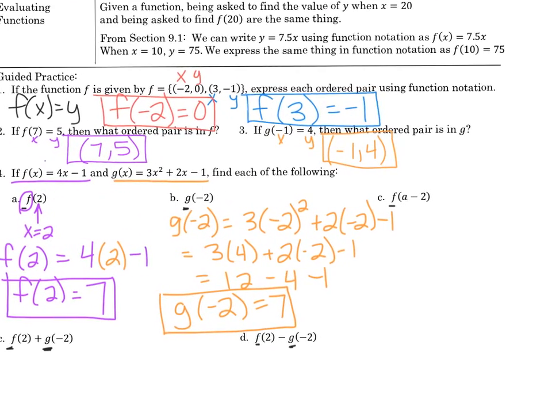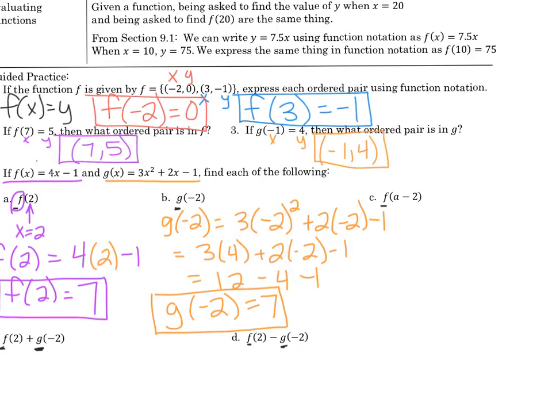Okay, so for C, we know that this, a minus 2, is taking the place of x. So we have f of a minus 2 equals 4 times (a minus 2) minus 1. In order to simplify this as much as possible, we're going to distribute that 4, and then combine like terms.